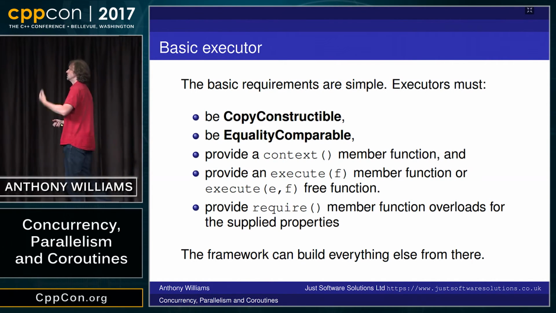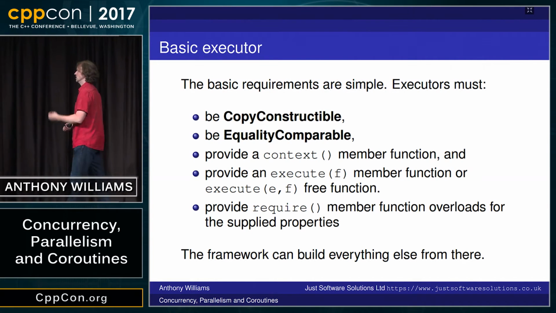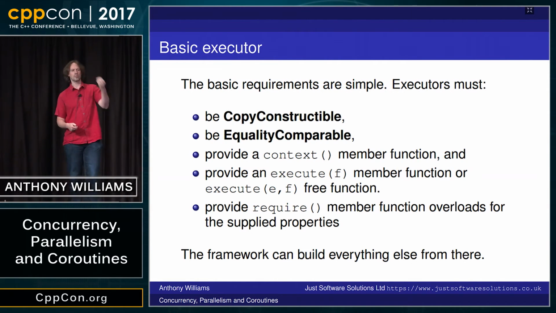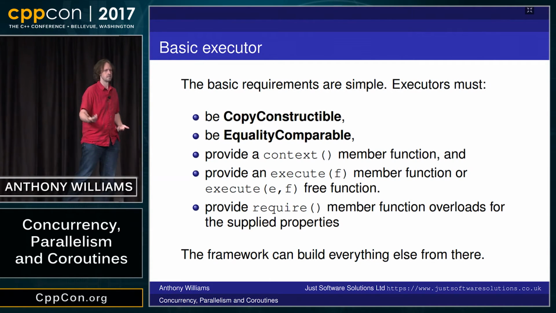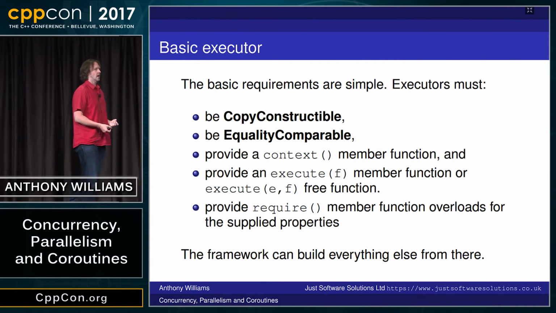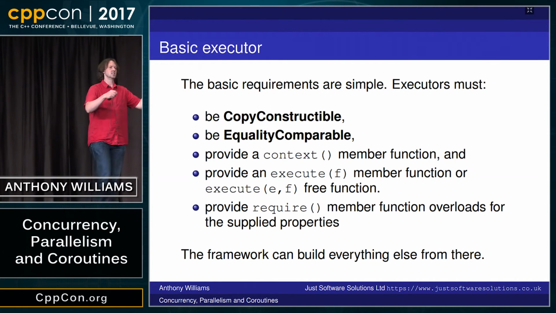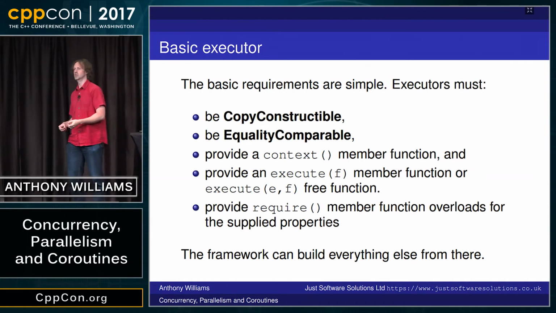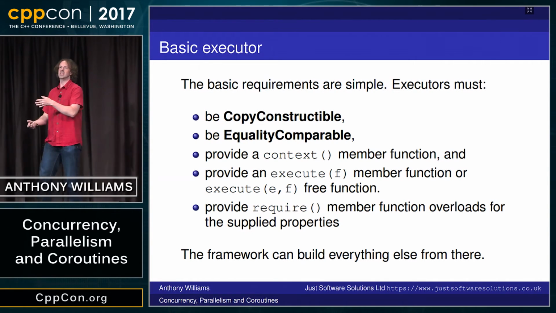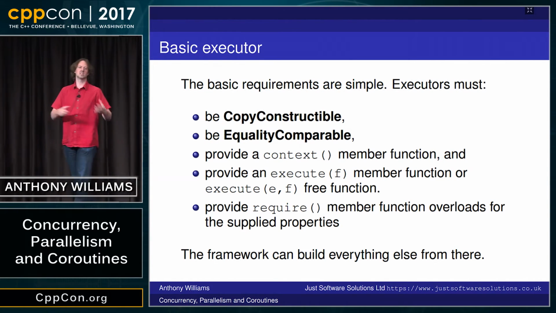And then fundamentally, you have an execute function, whether that's a member function or a free function, in order to actually launch tasks. And the way that we get to all the different properties that we wanted to know, can things run concurrently? Can we bulk execute things? Whatever.